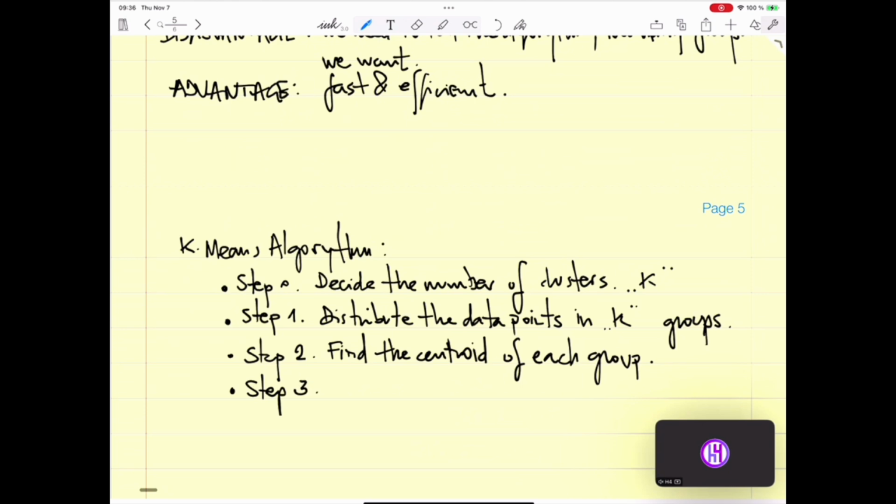Step 3, calculate the distance of the points to the centroids.